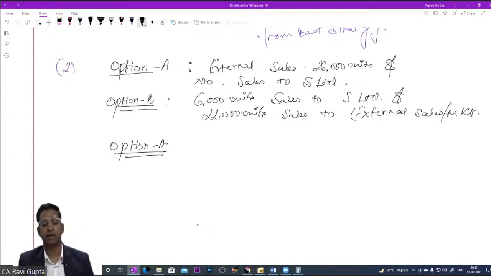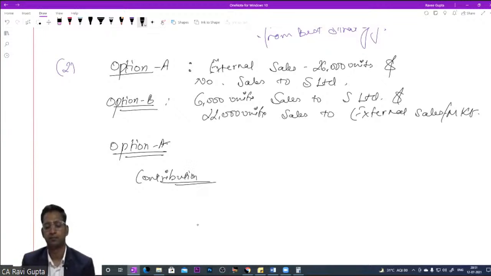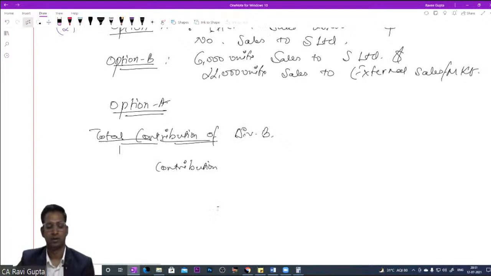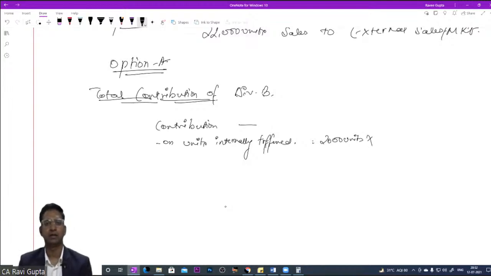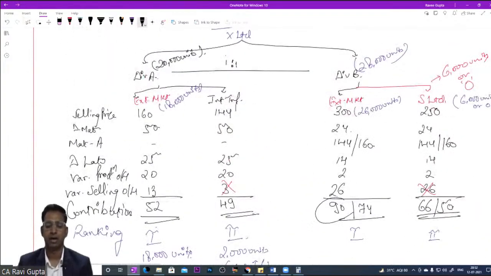Now we will be calculating what the contribution is if we follow our option A. The contribution of division B is the contribution on units internally transferred, 2,000 units which have been internally transferred under the best strategy of division A, multiplied by 90 rupees.